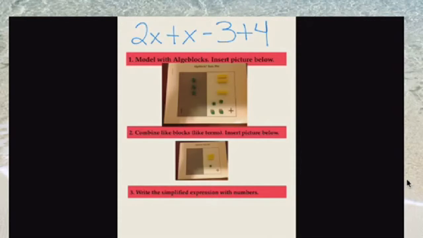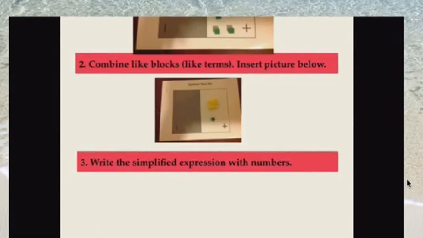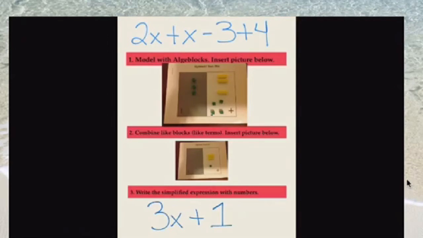And remember, our last step is to now write the simplified expression with numbers. Okay, so I can see from my picture that I have a total of 3x showing, and they're all positive, plus positive 1. Okay, so if we go back to our original expression, remember we had 2x plus x minus 3 plus 4.